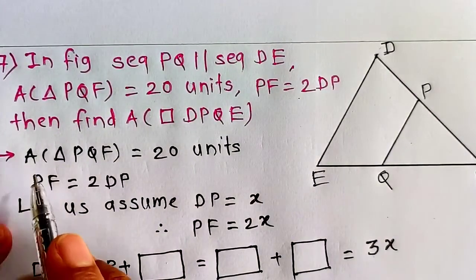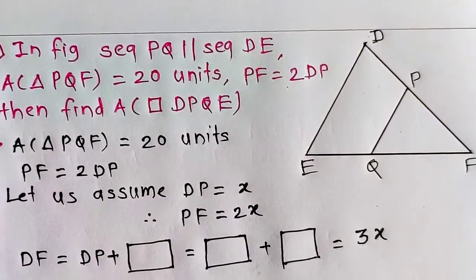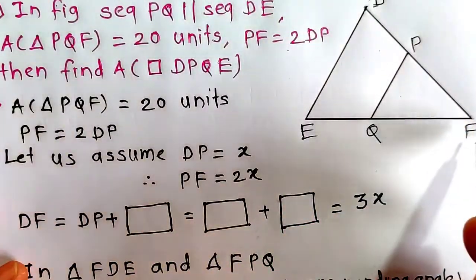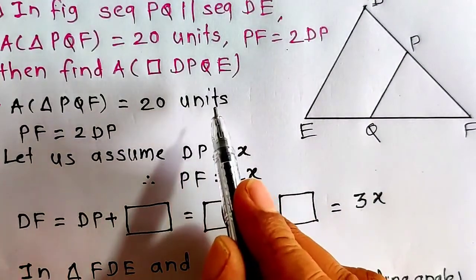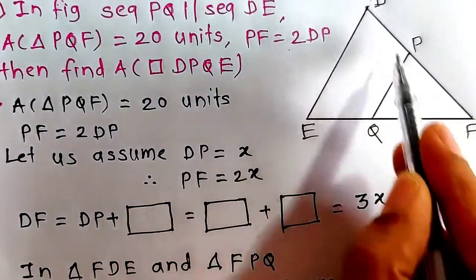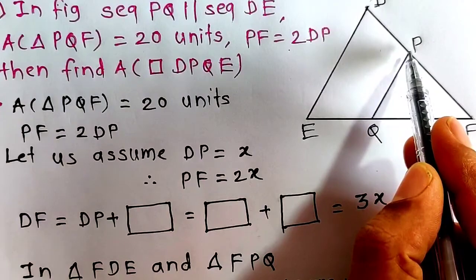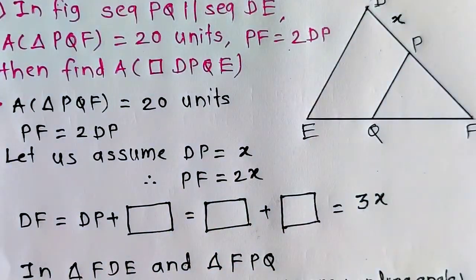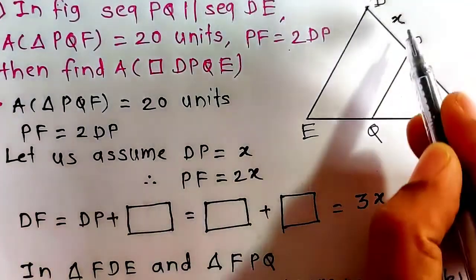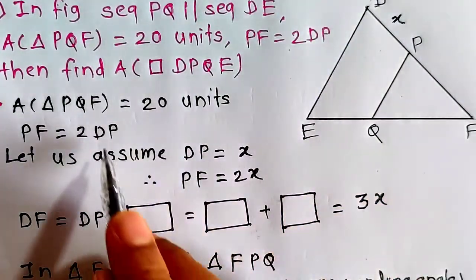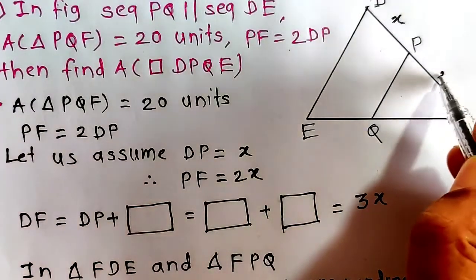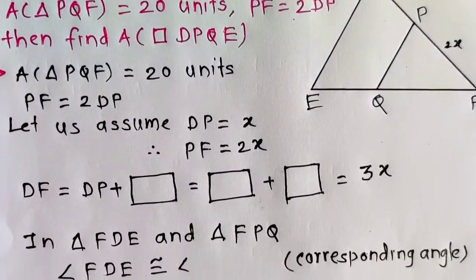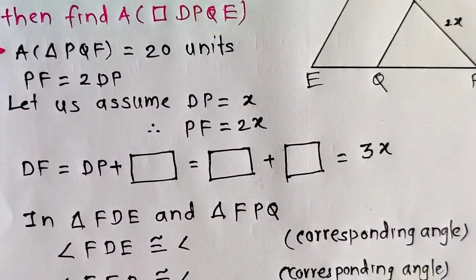So what is given? The area of triangle PQF is 20 units. PF is equal to twice DP. So let DP be equal to X. If we consider DP equal to X, then PF is equal to twice DP, meaning 2X. Is it clear? Now next step. Observe that figure.